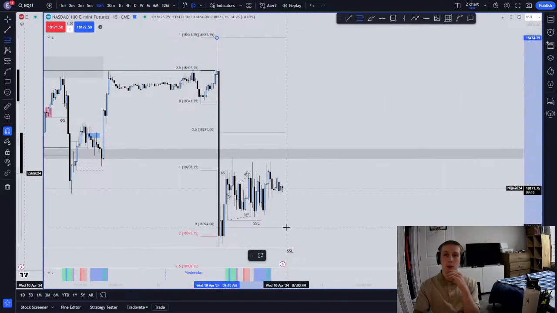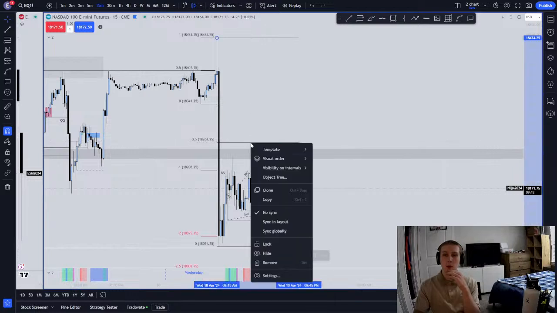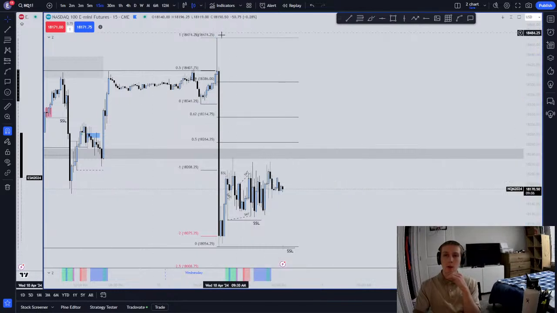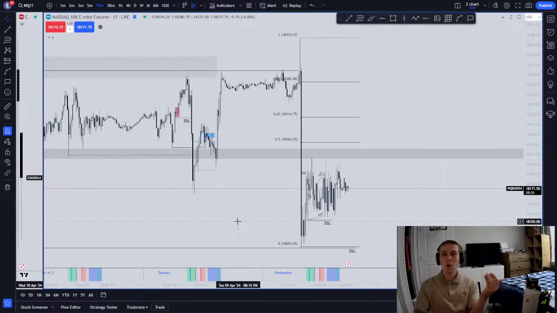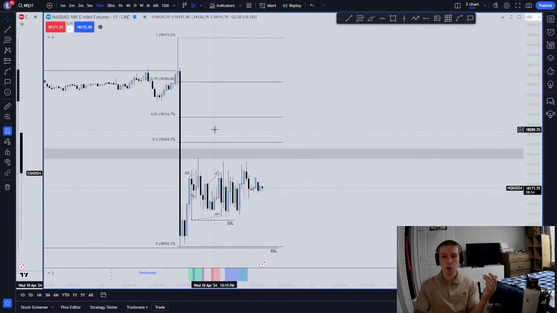We have this big leg here, and I'm looking for us to possibly come back into equilibrium of this price leg, because we have this manipulation leg and we're respecting -2 to 2.5. So I'm looking for us to come up into equilibrium. As we just had a huge sell-off, that's where the market is likely going to retrace to.